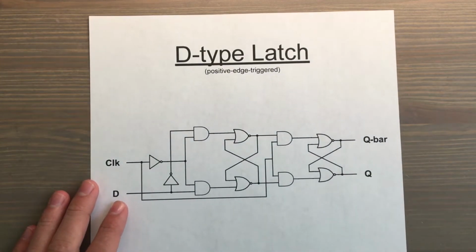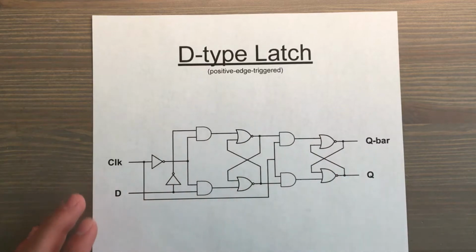So we just have a few more iterations of this circuit to go, but we can still make it better. So at this point, our data can change any time that the clock is 1. And sometimes it's nice to be able to have a little more precision than that. So our next circuit is called the positive edge triggered D-type latch.